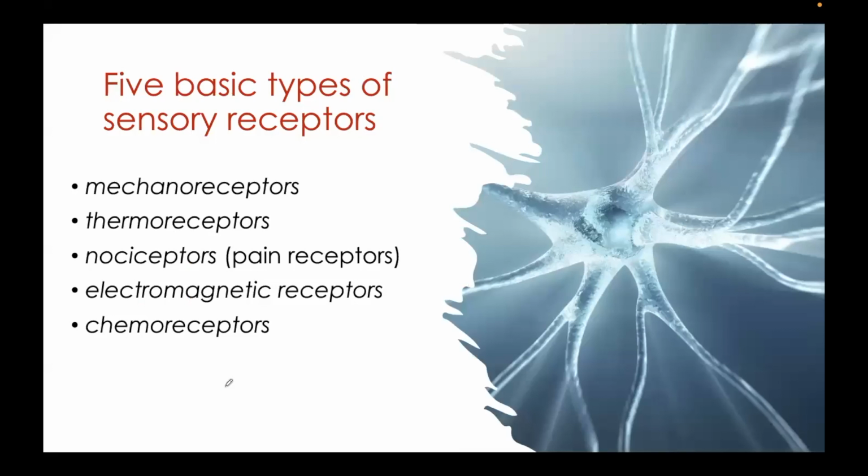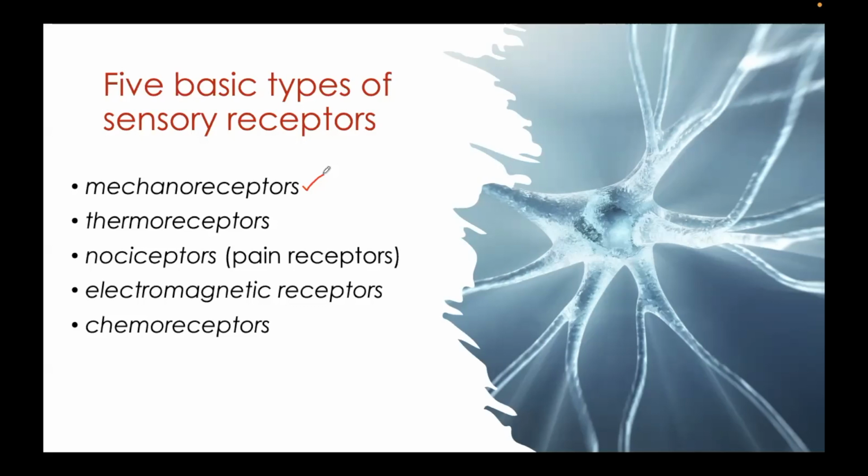Okay, now let's try to summarize what is mentioned in the textbook. There are 5 basic types of sensory receptors. Now, what are these 5 basic types? Number 1, we have the mechanoreceptors.